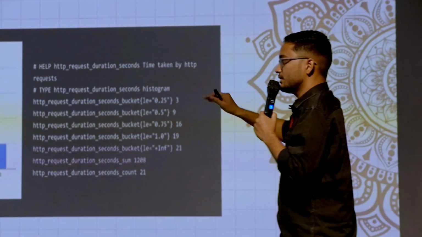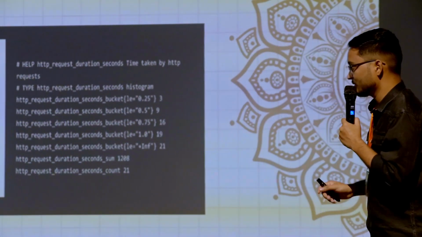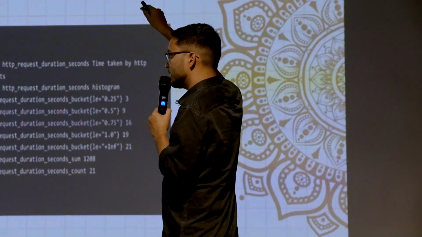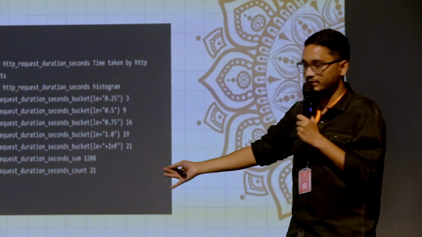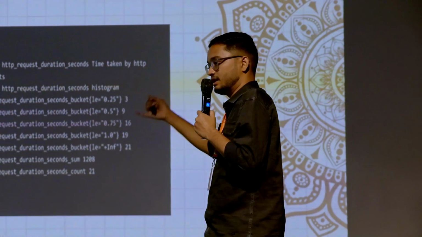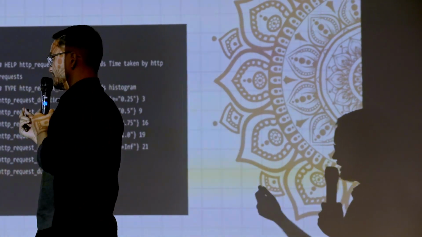Things which should increase monotonically should be used as a counter. On the other hand, a gauge is a value that goes up and down, like CPU temperature, memory usage, or number of concurrent requests. But here things get more interesting.